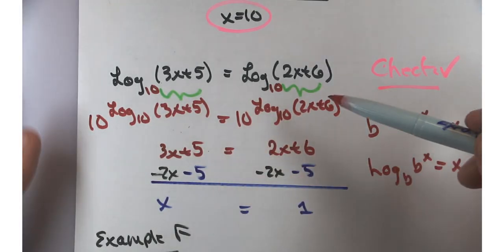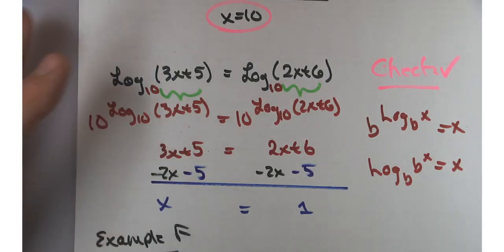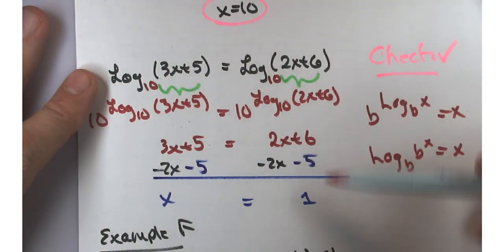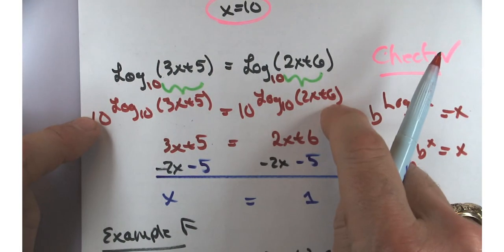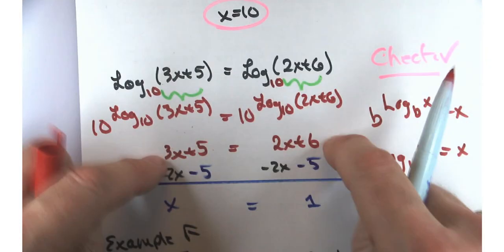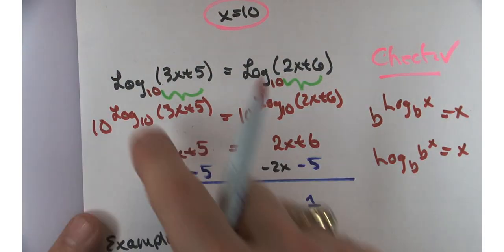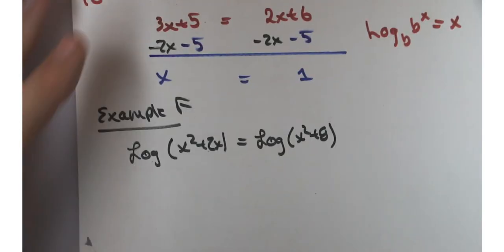This inverse property of logarithms is what allows you to actually solve this. If you wanted to just go from here to here, that's fine, but please do not cancel out those logs. You'll make your instructor pretty happy.